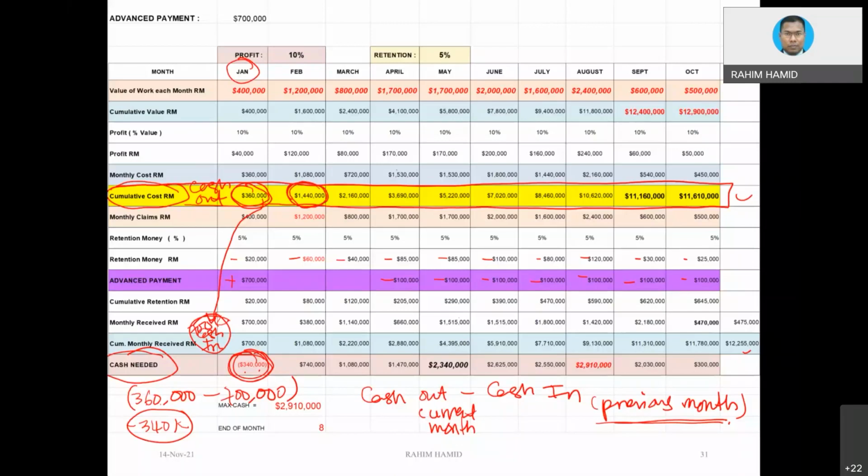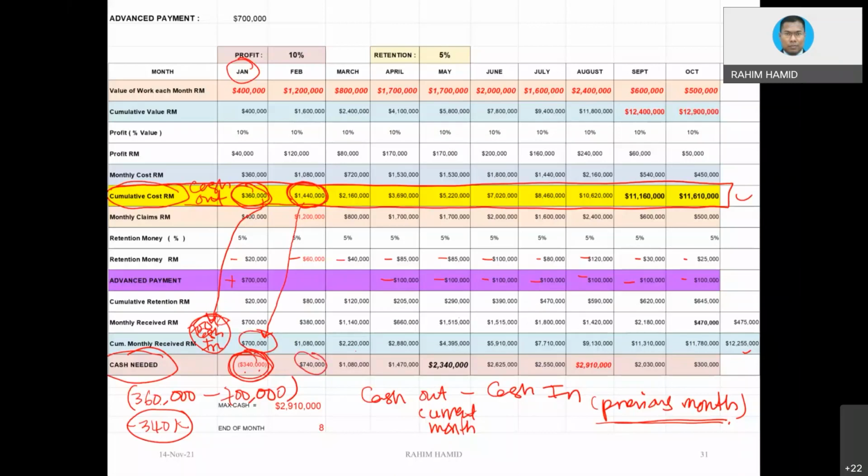We are going to deduct with this value, the cumulative cost. Are we getting the right answer? Okay, this value, because it is the previous month's cash. That should be the way. And so we get 740.